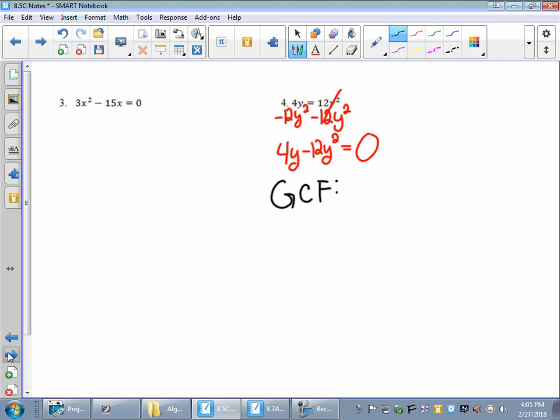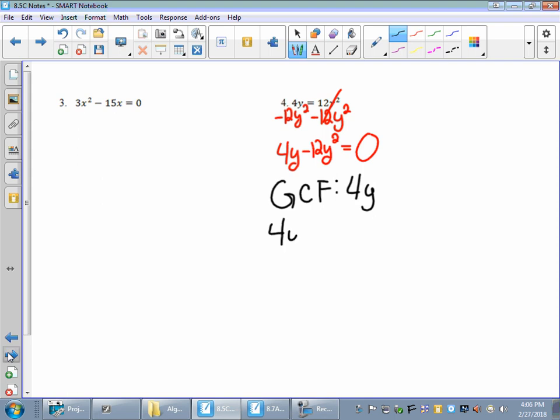Otherwise, I can look at 4y and a negative 12y squared and say, okay, what they share in common, they can both be divided by 4. They both have y's, however, they only share one y. My greatest common factor is 4y.